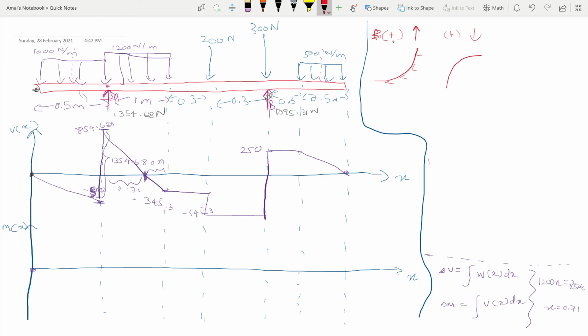Alright, so negative slope increasing, we draw like this. Negative slope decreasing, we draw like this. So in the first part of this shear force diagram, we have negative values increasing. So we need to draw a negative slope increasing, something like this.